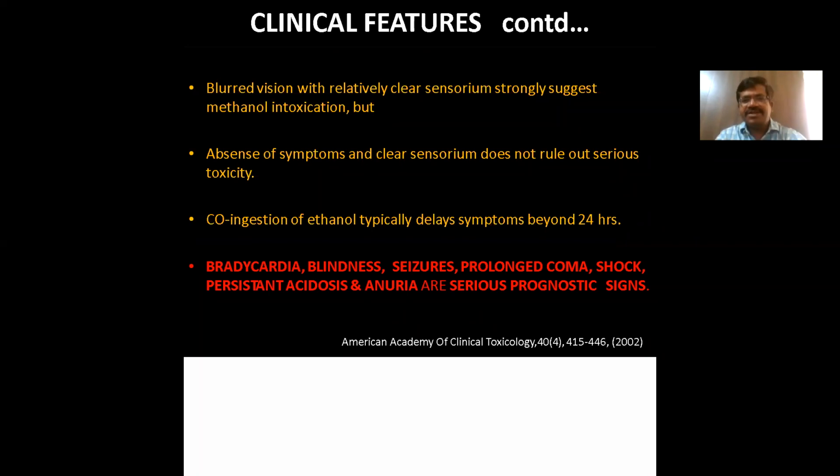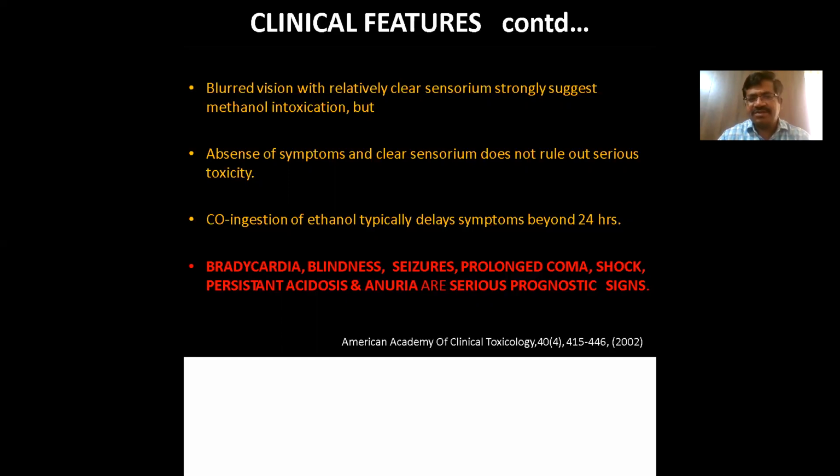Also blurred vision, mainly with a relatively clear sensorium. This is one of the first signs seen in methanol toxicity. Absence of symptoms and a clear sensorium usually do not rule out serious toxicity, but still blurred vision has to be considered an important first sign in methanol toxicity.